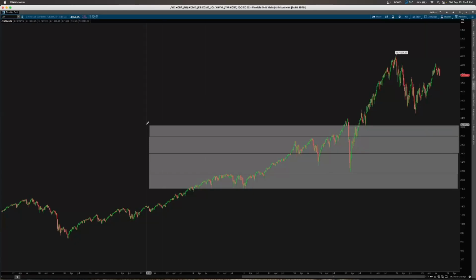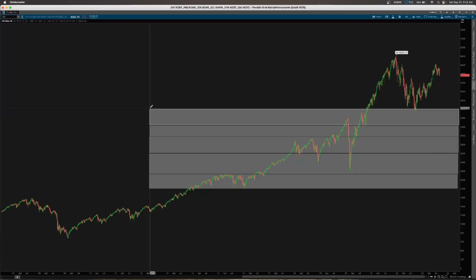And again, precision doesn't overly matter here. It's just more about identifying where those major moves really happened and where the segments broke and formulated new segments.